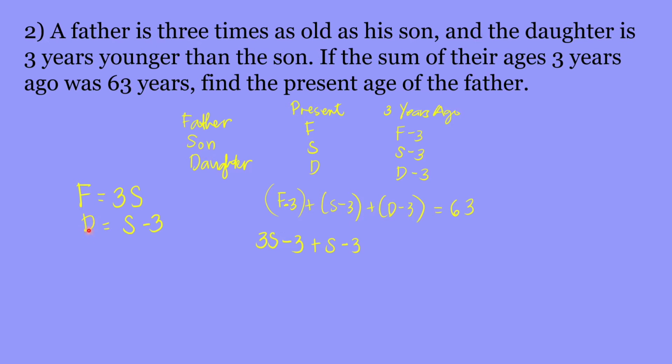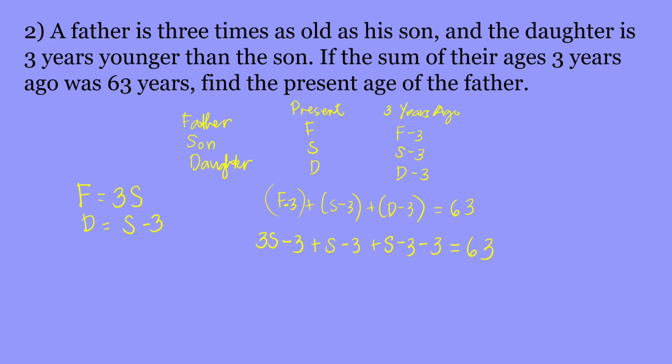So, the equivalent of D is S minus 3. So, substituting S minus 3 for letter D, here it is. Now, there's another minus 3 there. Rewrite it. Okay? So, that's equivalent to 63.